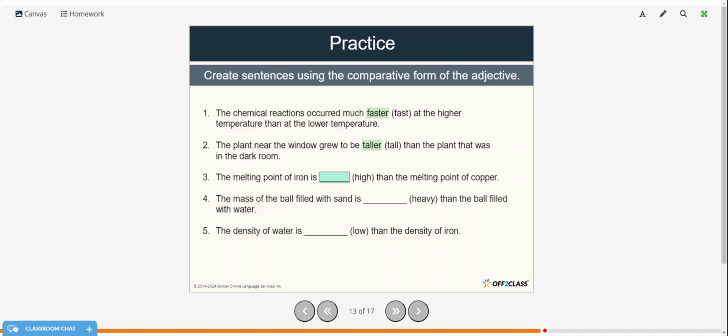The melting point of iron is higher than the melting point of copper. The mass of the ball filled with sand is heavier than the ball filled with water, and the density of water is lower than the density of iron.